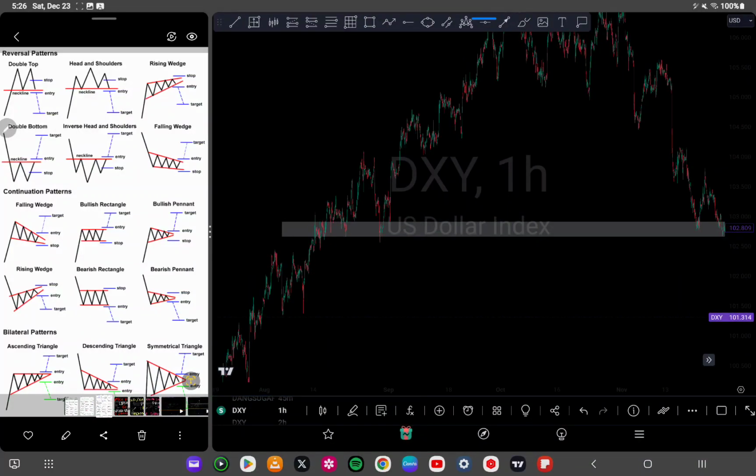So just don't use it anywhere, because it has a higher chance of being accurate when we are on a key zone, rather than a place that is not a key zone and is showing a falling wedge. It might not work out, but because we're on a key zone and we're seeing that falling wedge, there's a possibility that it might work out.